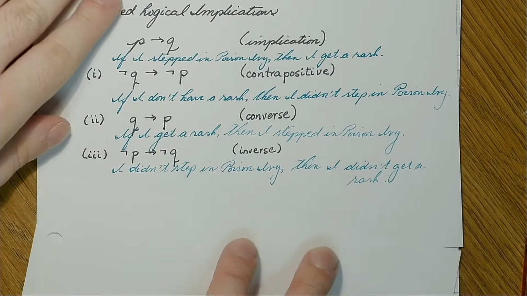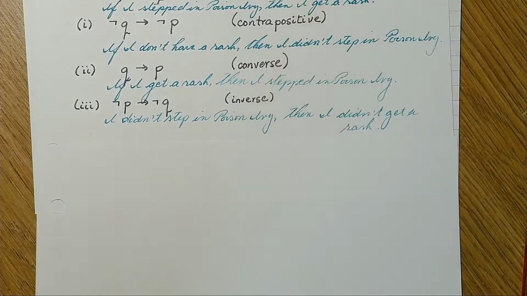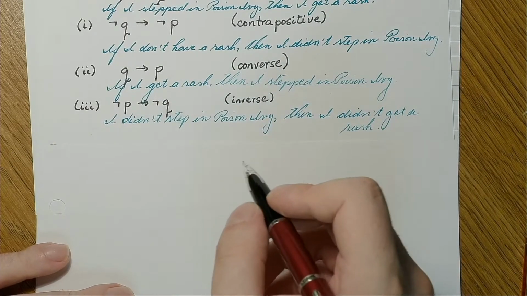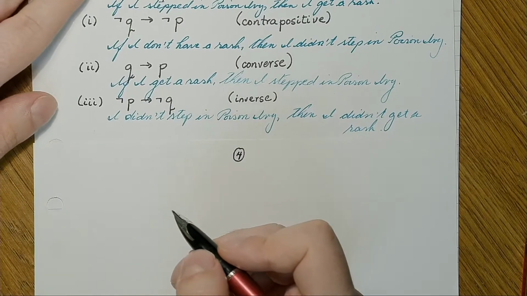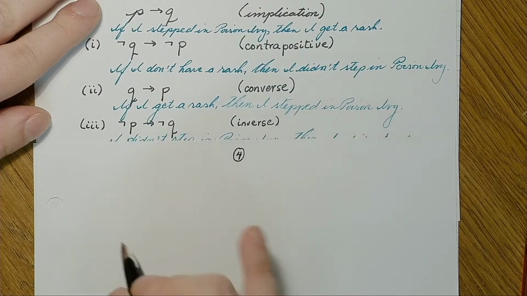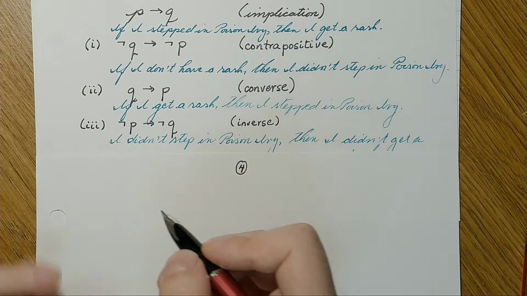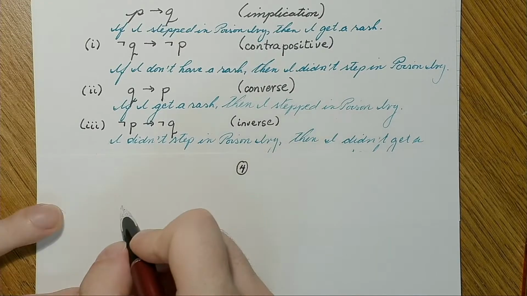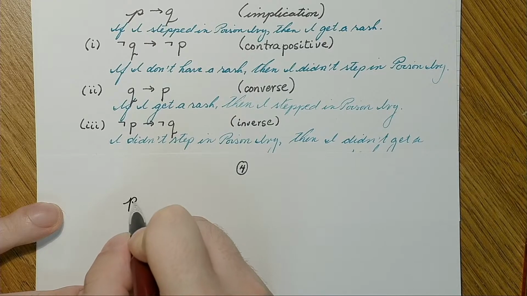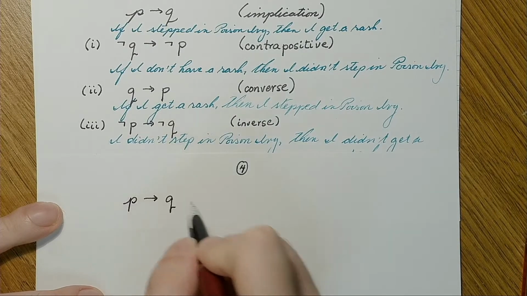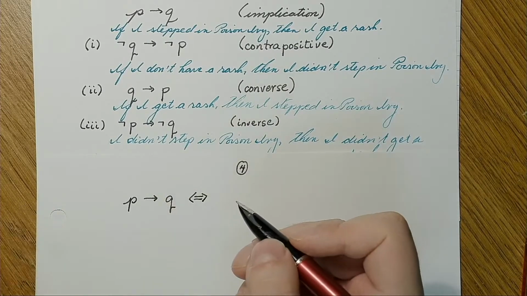So what I can tell you is, let's go with 4. What I can say is that the implication P implies Q is logically equivalent to the contrapositive.